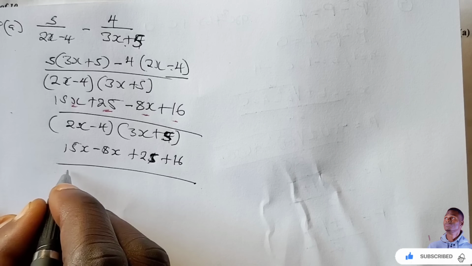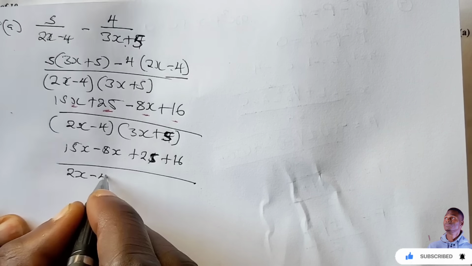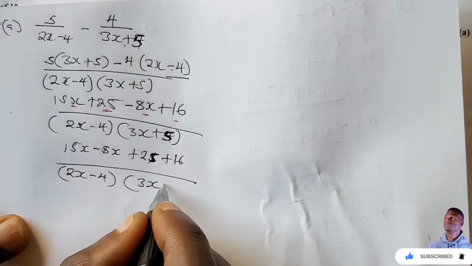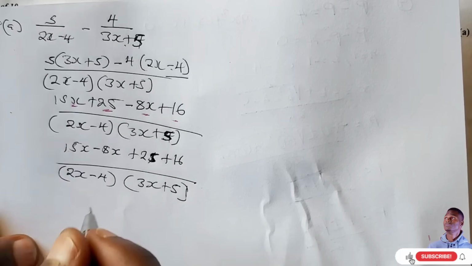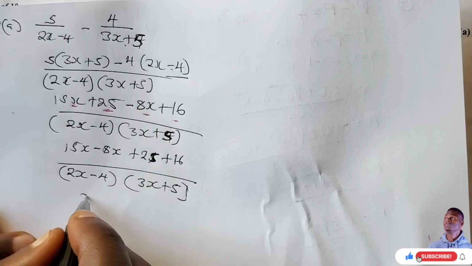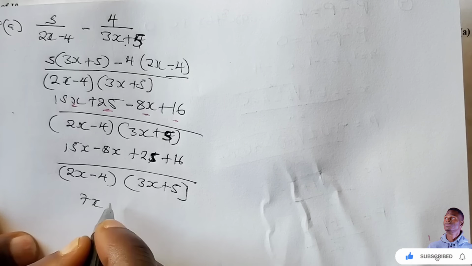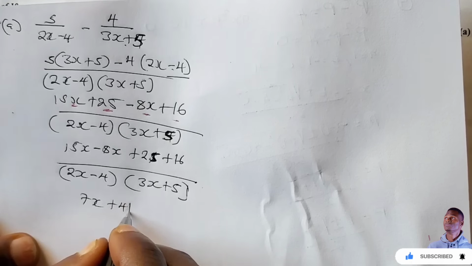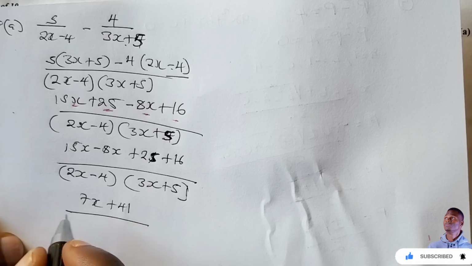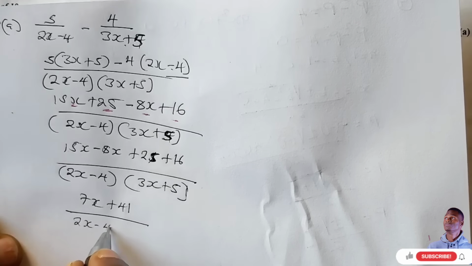Don't get tired of rewriting this. Then 15 minus 8 is 7. So 7x, and 25 plus 16 is 41, over 2x minus 4, 3x plus 5.